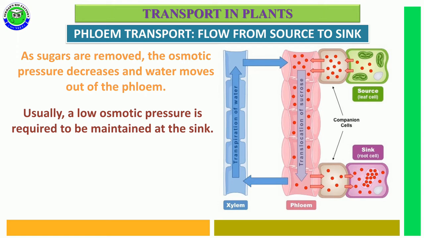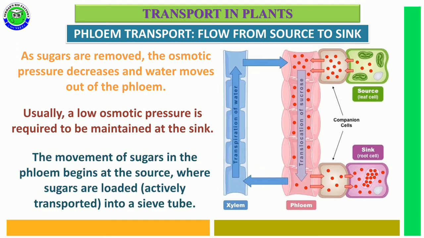Usually, due to loading of sucrose at source into phloem sap and due to entry of water from xylem at source into phloem sap, high osmotic pressure is created. Due to removal of sucrose at the sink, and due to removal of water from phloem sap to xylem, low osmotic pressure is maintained at the sink.